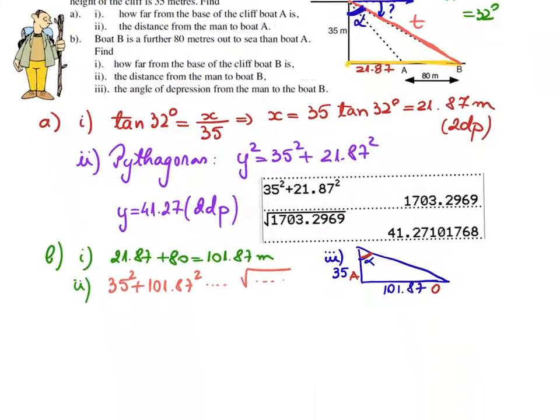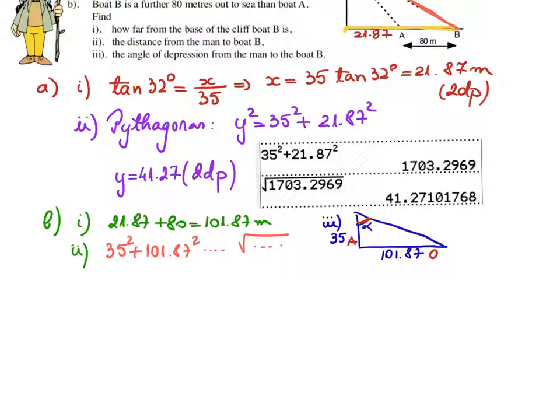So I'm going to use tan alpha equals 101.87 over 35. Therefore, alpha will be inverse tan of 101.87 over 35.